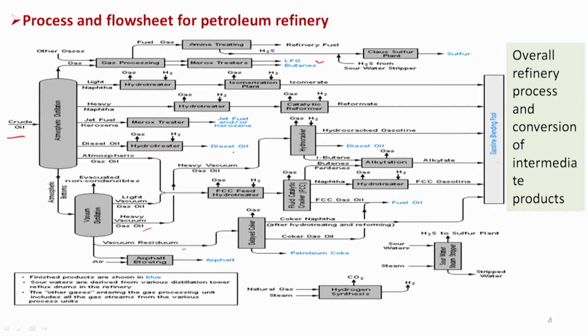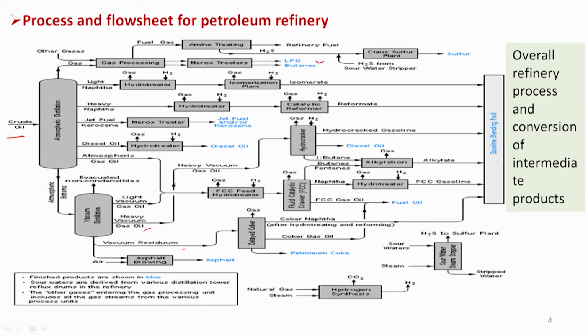So, we get diesel oil here with improved quality, and atmospheric gas oil and then light vacuum gas oil are going for FCC feed, and then cracking takes place, hydrocrackers, and then FCC, fluid catalytic cracking, then it is going to alkylation, and ultimately we are getting the gasoline.